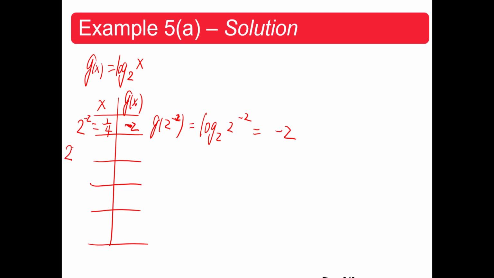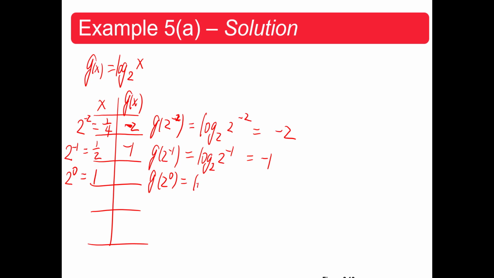Secondly, using 2 to the -1 power, this is half. So g of 2 to the -1 is log base 2 of 2 to the -1, so this is -1. Again, it's the inverse of the exponential function. The third one is 2 to the 0, that's 1, and g of 2 to the 0 is log base 2 of 2 to the 0, that's 0.